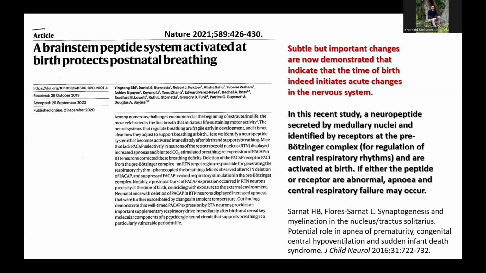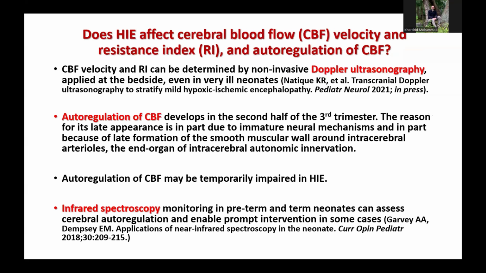So the old adage that there are no major changes in the nervous system by the occasion of birth is not entirely true, and we're just starting to understand what some of those differences are.